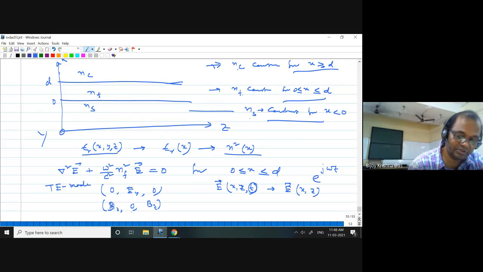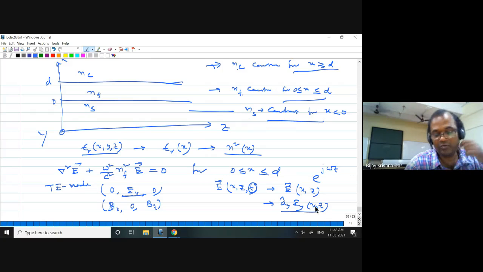So for the TE mode only the EY component will be there, so I can write this as a y-direction EY(x,z). So the electric field is a function of x and z.